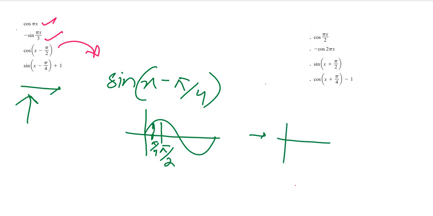So that will be in this type of graph. Okay, so our graph will start from this point. So you can see that we have to move it by a factor of 1 as well to the upper side.